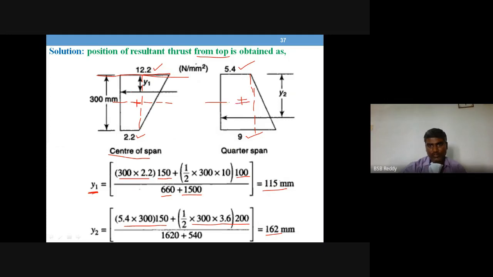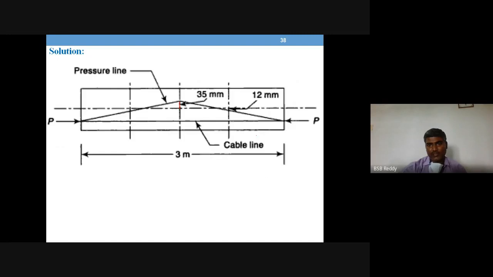If you locate it from the CG of the cross section, which is 150, the remaining is 12 mm. So it is 12 mm below the CG line of the concrete.